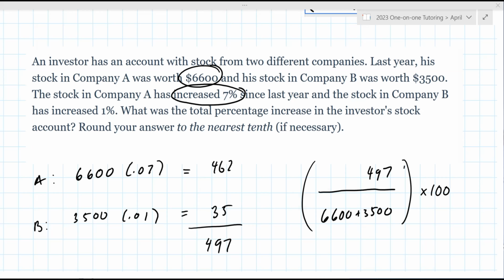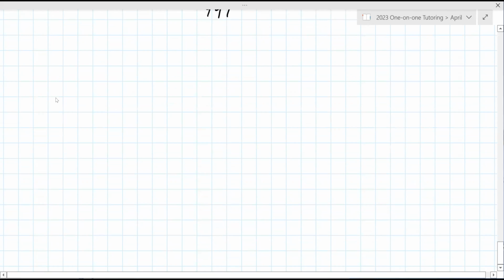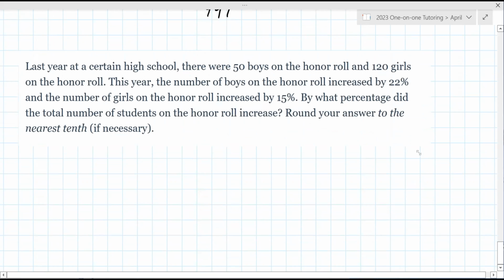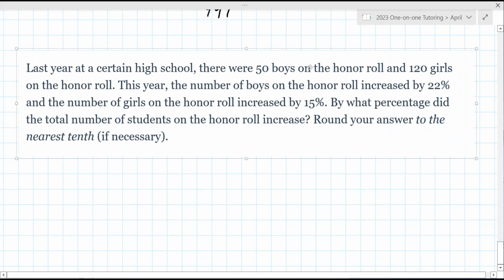So next problem here looks like no more money problems, but kind of the same scenario. All right, so there you're going to take the given values here. So there's 50 boys, 120 girls, 22%, 15%, basically the same thing as the last two problems.